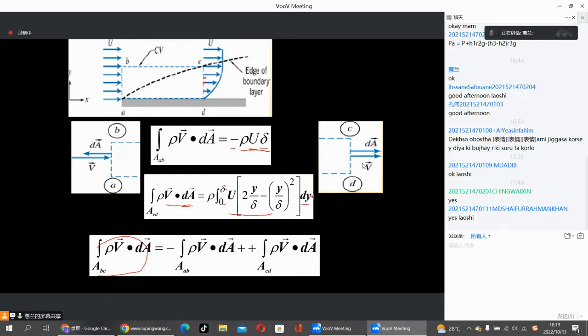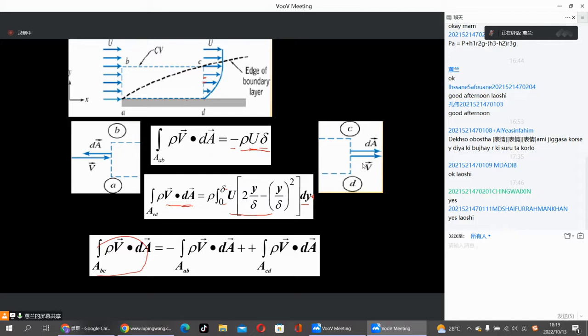So here, the control volume ABCD is given to you directly. So you can calculate the volume flow rate or the mass flux across each control surface, AB, BC, CD, or DA. Okay. Any questions about this?